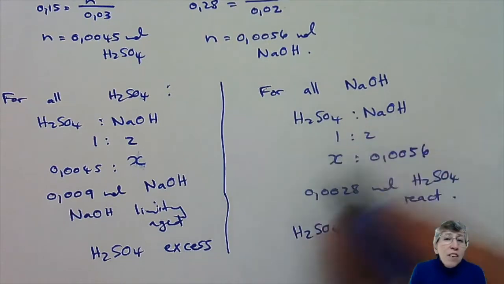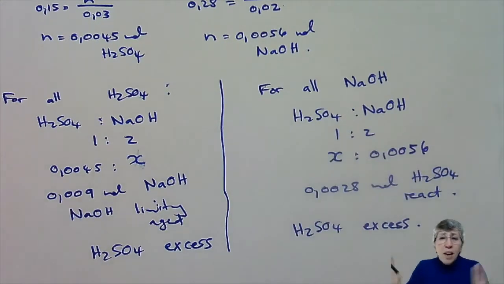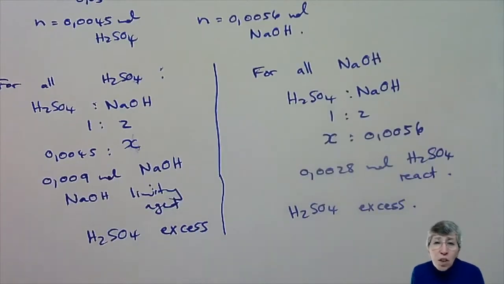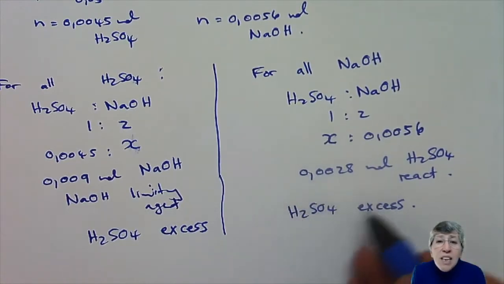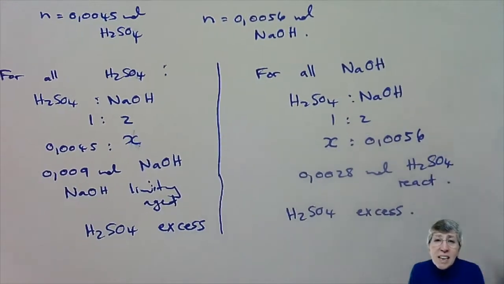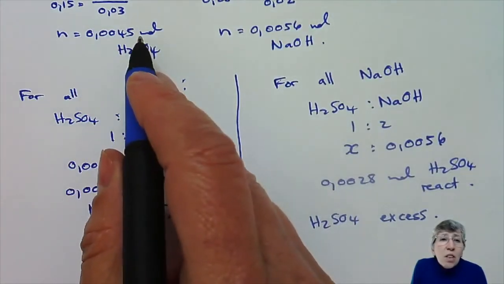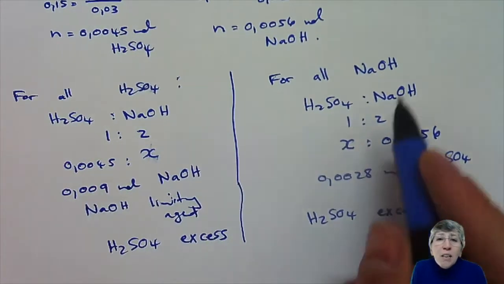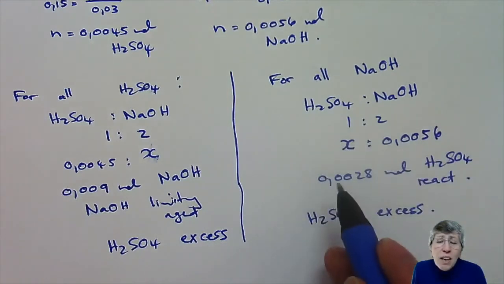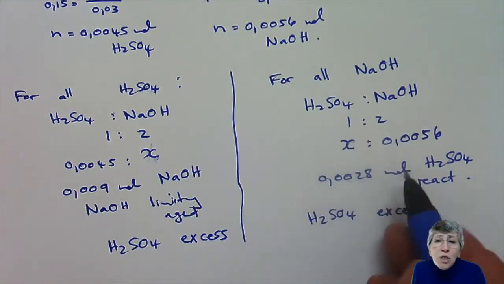Remember, everything that reacted is gone, and I don't have to think about them. They've got pH 7. I only need to know how much is in excess. Right. Now, I started off with 0,0045, and for all the NaOH to react, I used that much.